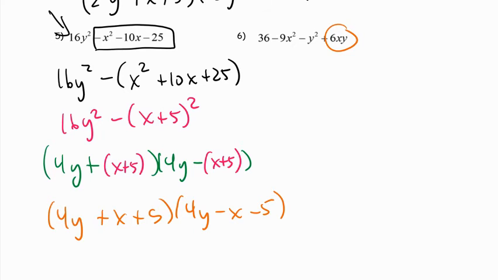On number 6, there's my middle term. It's made of x's and y's, so it's going to need to go in between the x's and the y's.